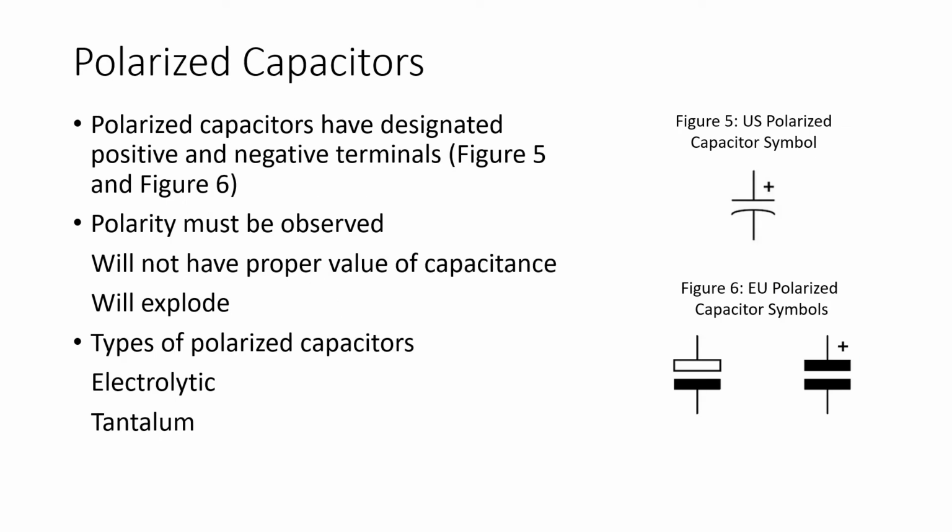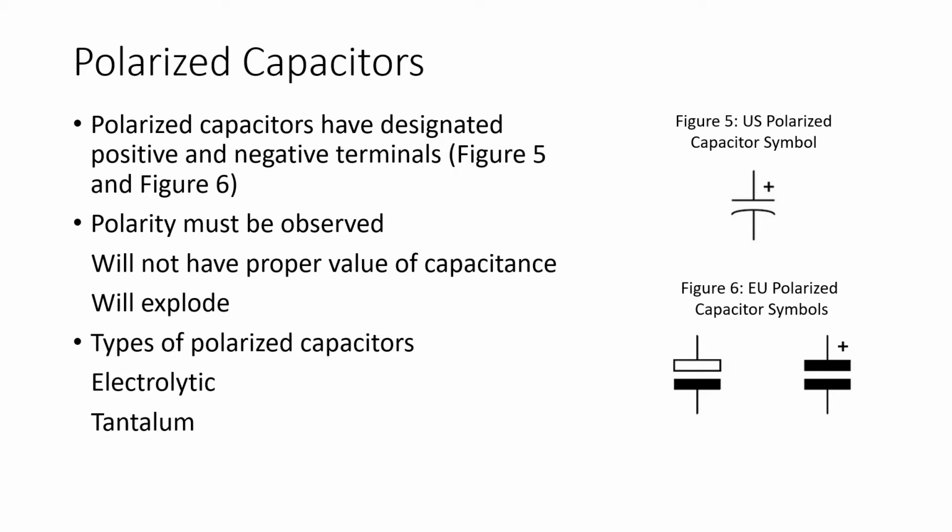Now, some capacitors that you'll deal with are polarized, and that means they have specific or designated positive and negative terminals. Figure 5 shows us the US schematic symbol for a polarized capacitor, and figure 6 shows us two alternate schematic symbols for polarized capacitors.